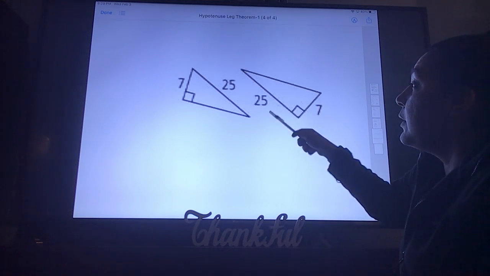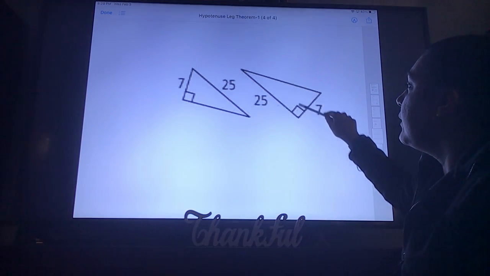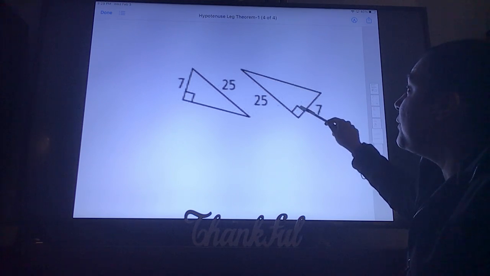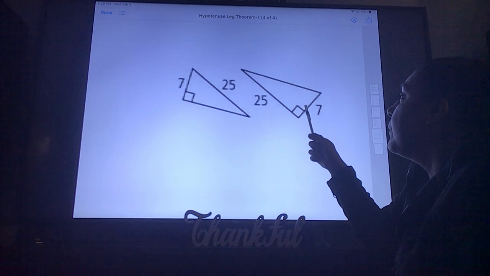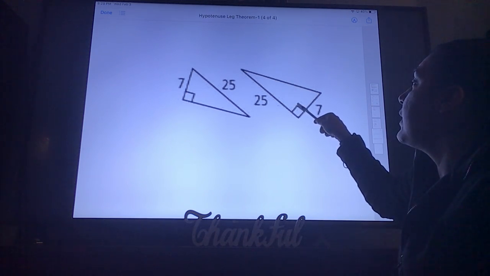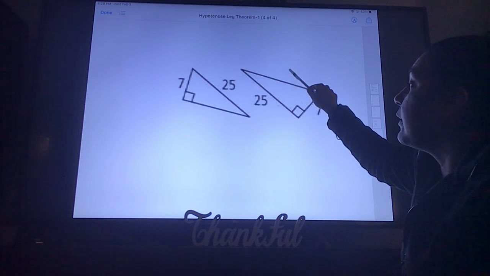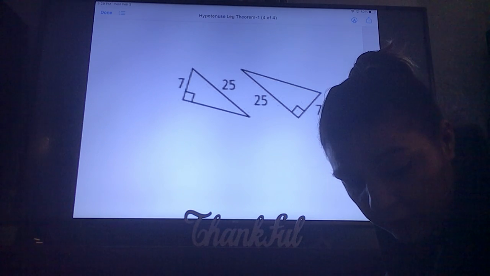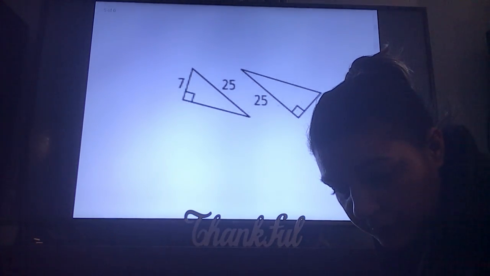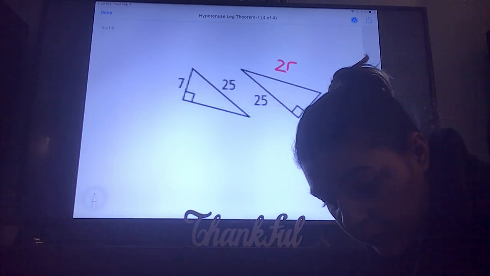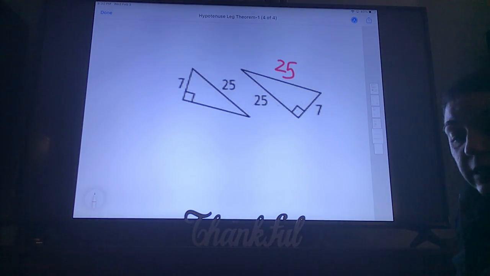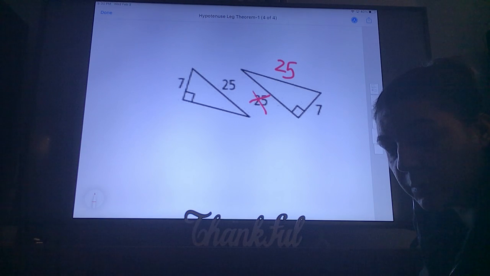Some of you guys would want to say 25, but what is the hypotenuse? Technically, we don't know, because although this side says 25, the hypotenuse is not marked because it should be over here. This is where the 25 should be at, and I'll write it in red just so you can see, but this is where the 25 should be at, and it's not. It's here, okay? And that's not really what we want.